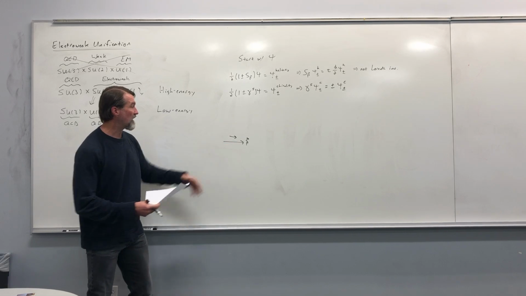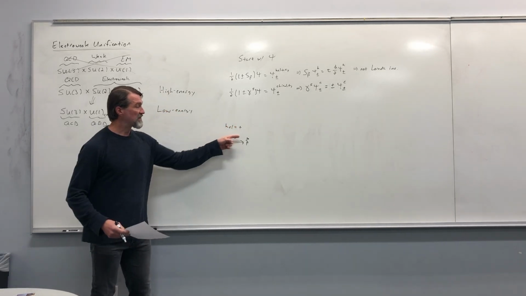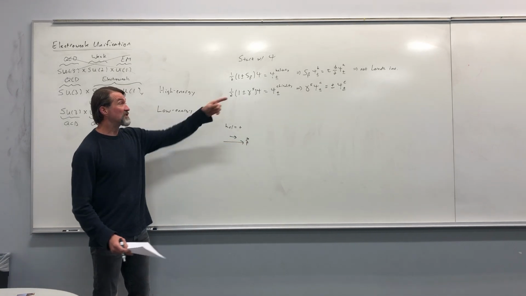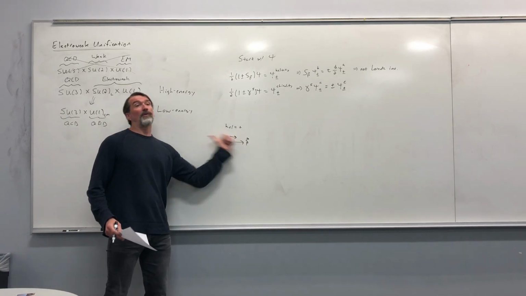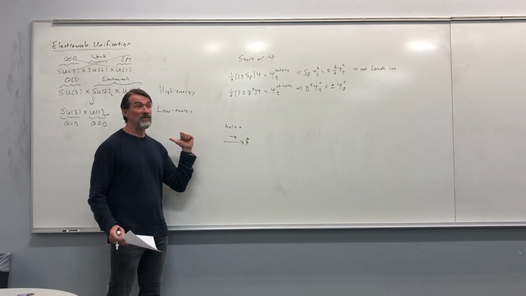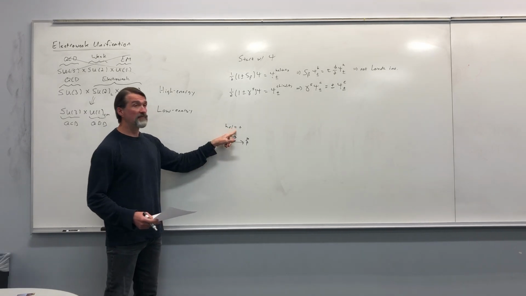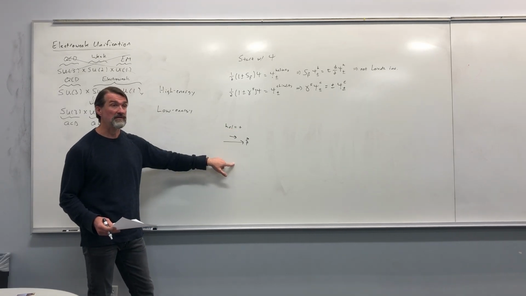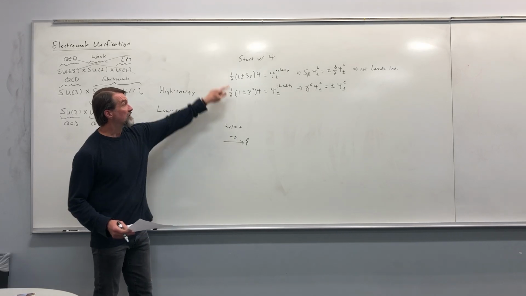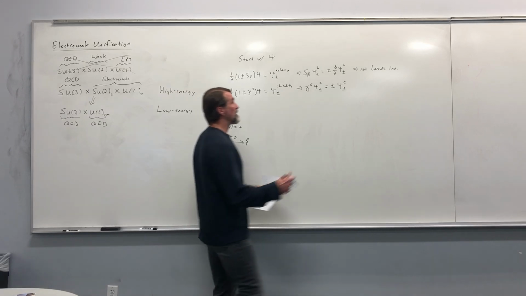And so if you have a plus helicity state, where the spin is aligned with the momentum, you can just do a Lorentz transformation and reverse the direction of the momentum by boosting to a frame such that this motion is backwards. That doesn't change the direction of the spin. So you can do a Lorentz transformation to change the helicity to minus. Okay? So helicity is not Lorentz invariant. Chirality is.